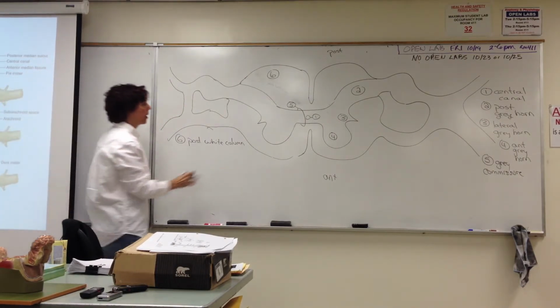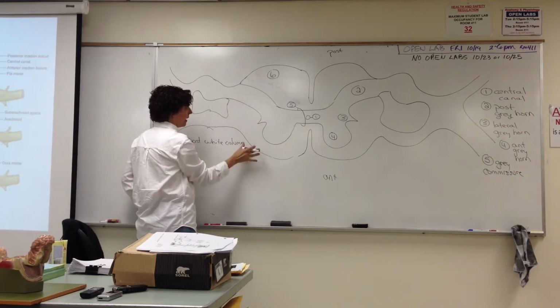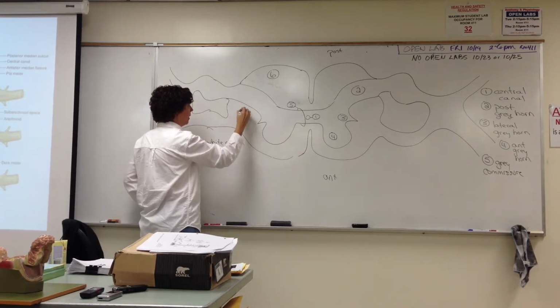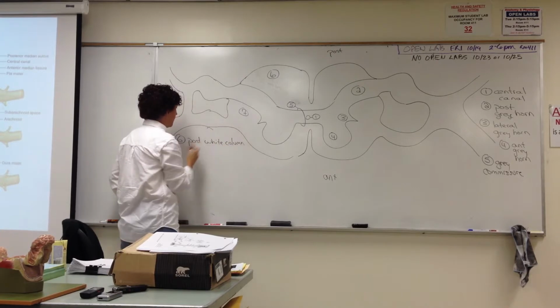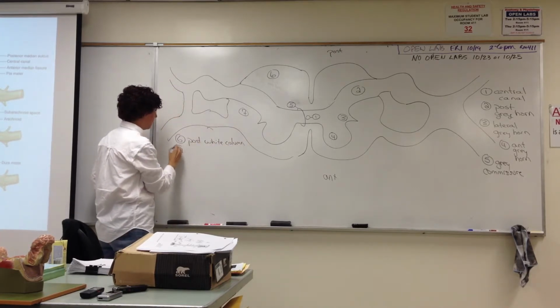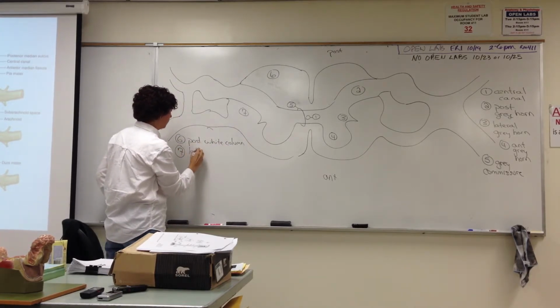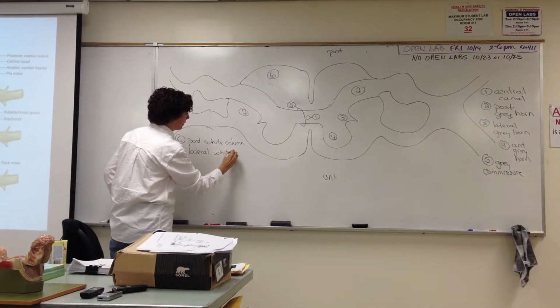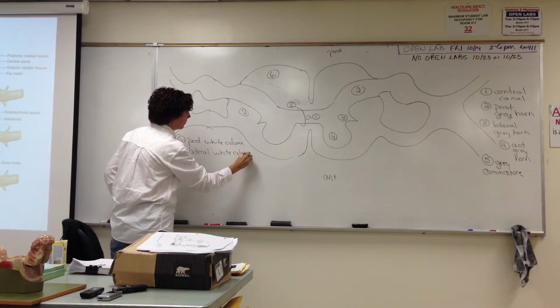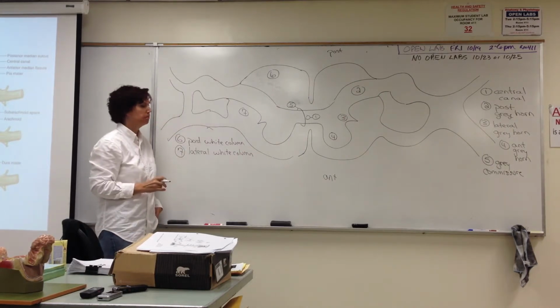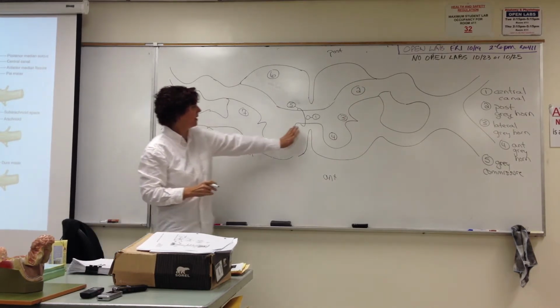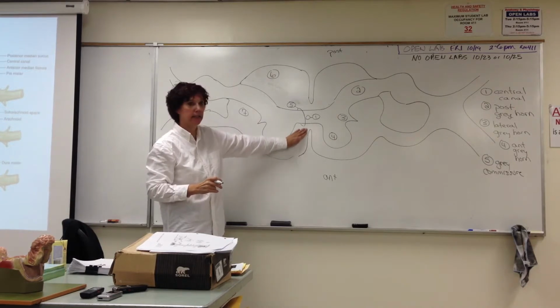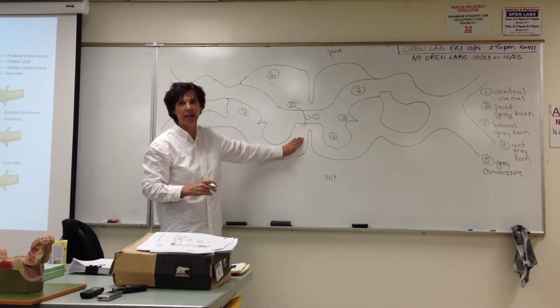Okay. This area is the lateral aspect of the spinal cord. So this whole area here is the lateral white column, and one on the opposite side as well. And then this area right here where my hand is, anterior white column.